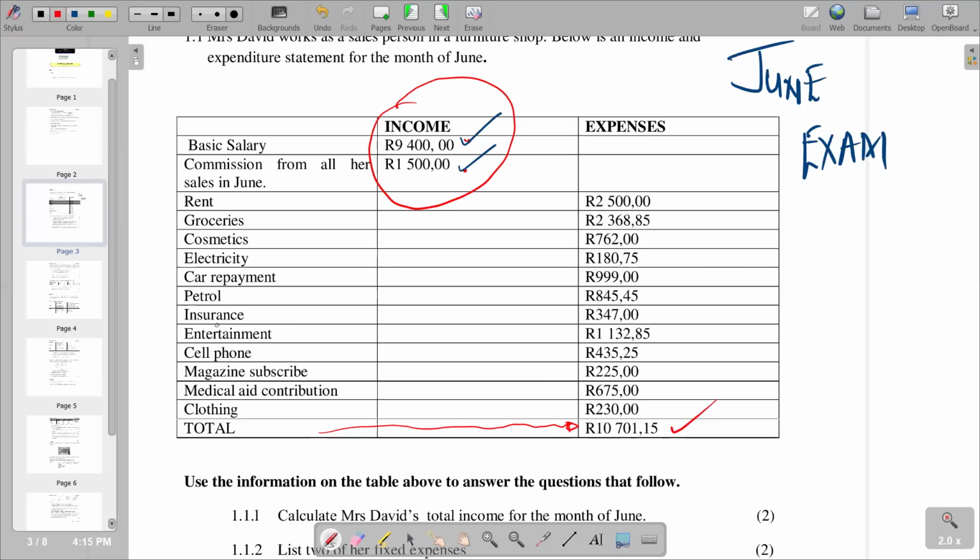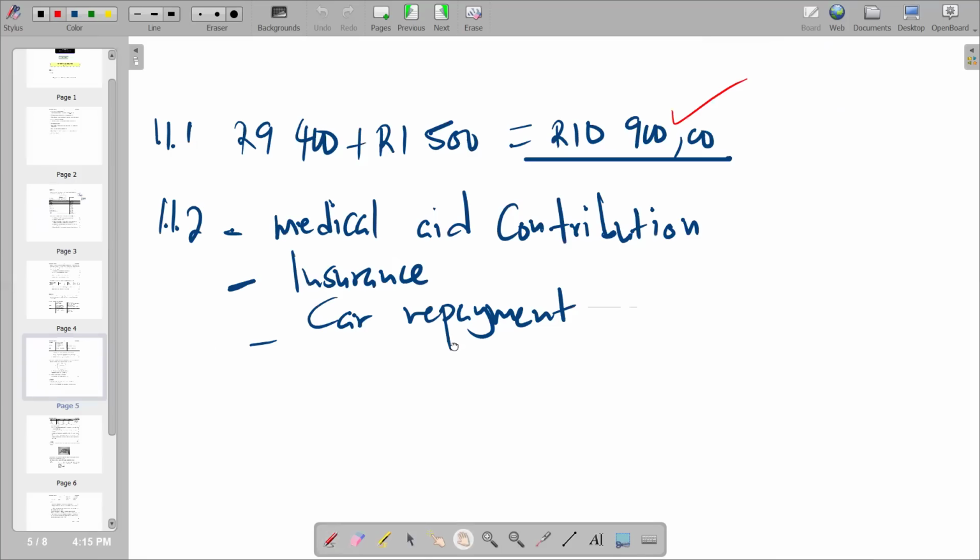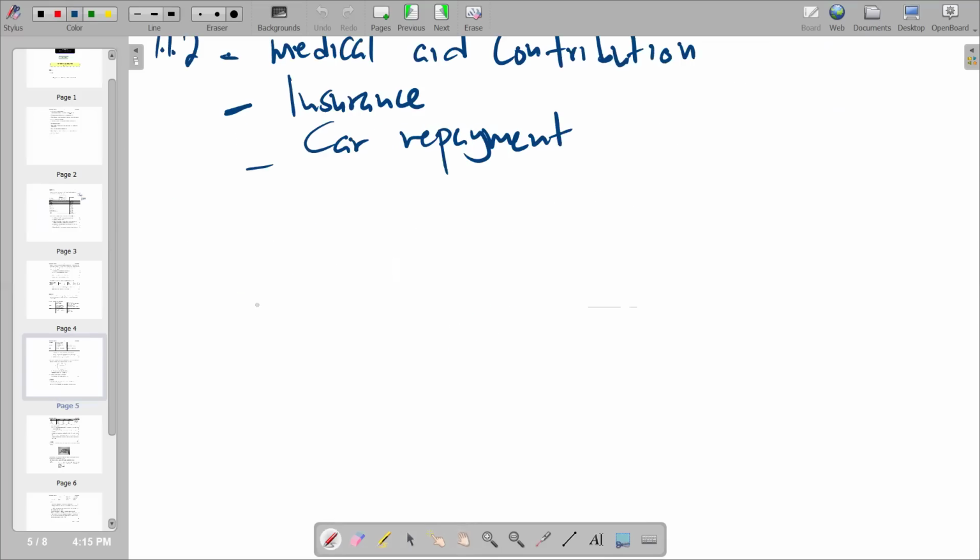So we are going to say the total of income and the total of expenses. On the next part of our question, which is 1.1.3, we are going to calculate the balance of the net income, where we say income minus expenses.